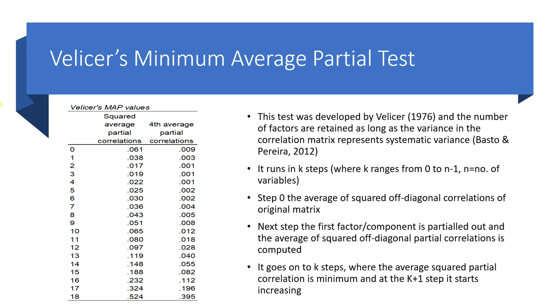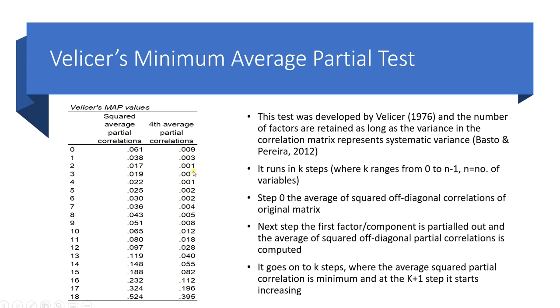Later on, Velicer, probably in 2000, proposed another method, the average of the fourth power of this partial correlation. So I have shown in this example the fourth power partial correlation also.